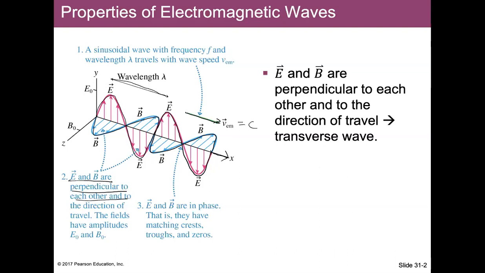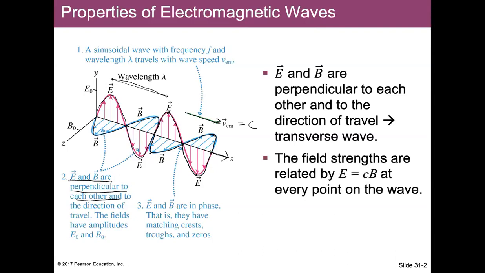And we see that E and B are in phase. That means when E is at a maximum, B is at a maximum. When E crosses the zero, B crosses the zero. When E is at a trough, B is at a trough. They are perfectly in phase.